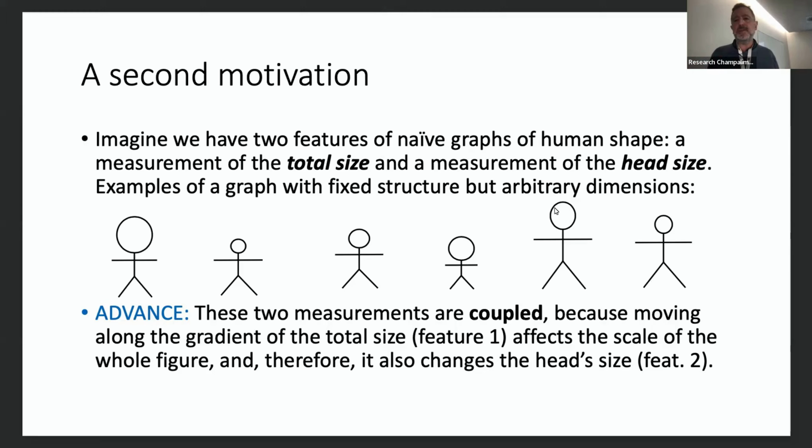And we have some schematic possible human beings that are very simple, but have different total size and different head size. Of course, these two features are coupled, right? Because if we go along the gradient of the total size, we will affect the head size.